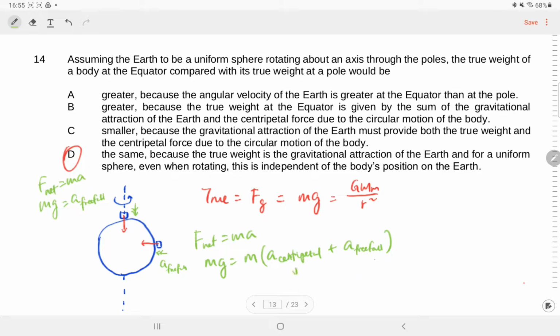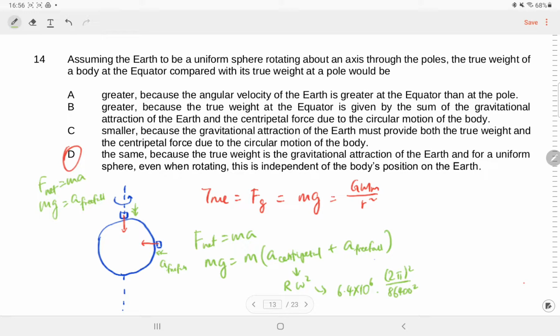This centripetal acceleration is really small. You can figure it out by r omega squared. r is the radius of Earth, so 6.4 times 10 to the power of 6, times 2 pi over Earth's rotation period, 1 day, 86,400 seconds, squared.